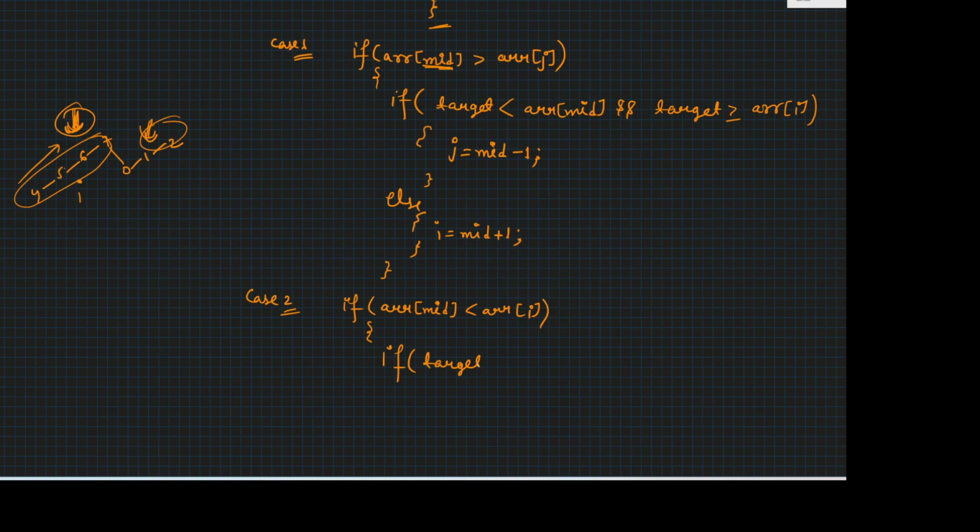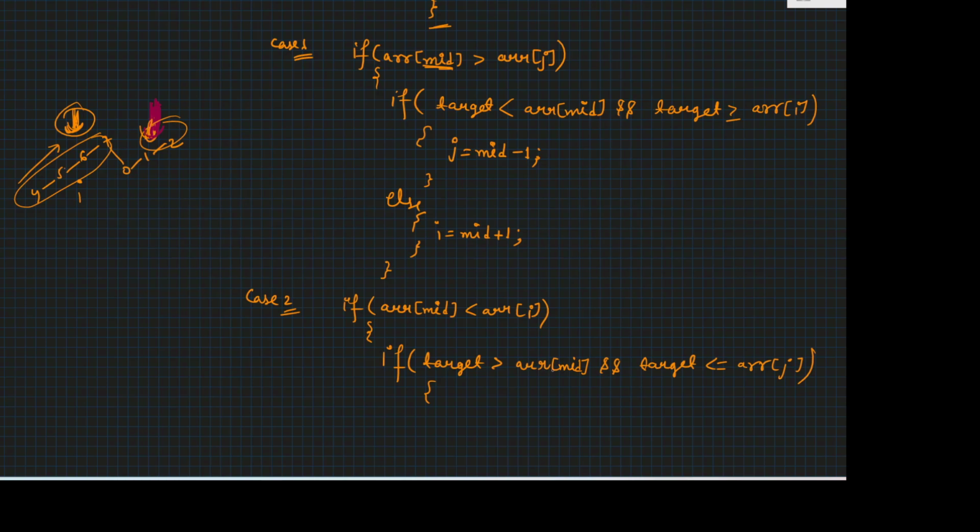If target is greater than ARR mid and target is smaller than or equal to ARR of J, that is, if I lies here, mid lies here somewhere, and we are saying the target is greater than ARR mid.